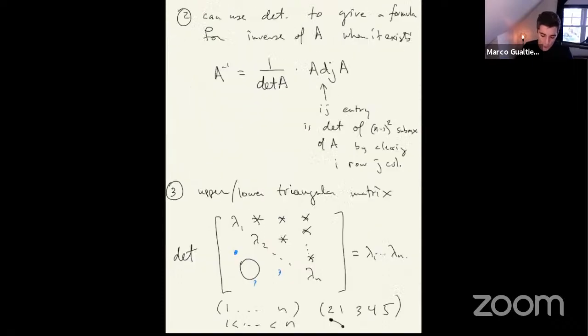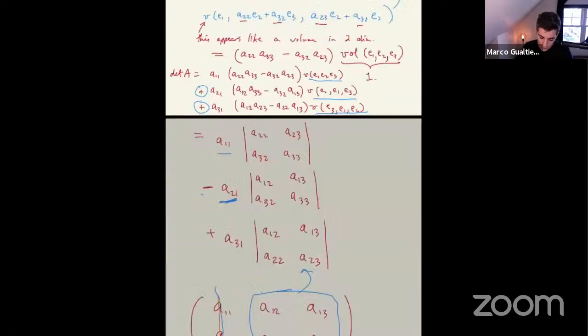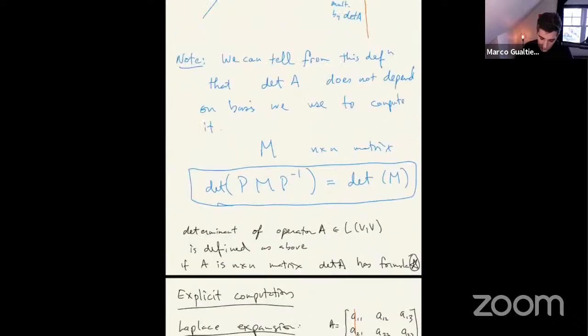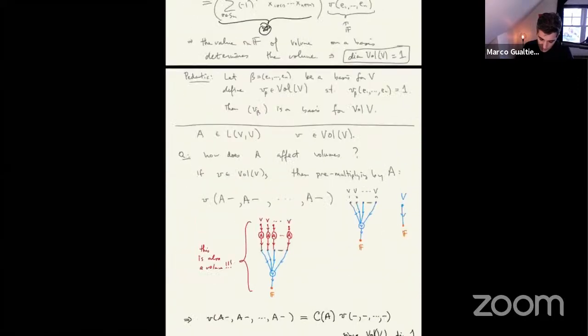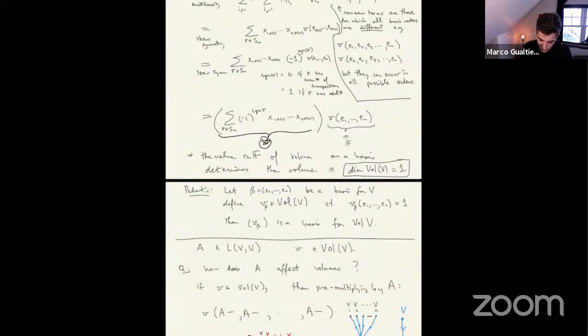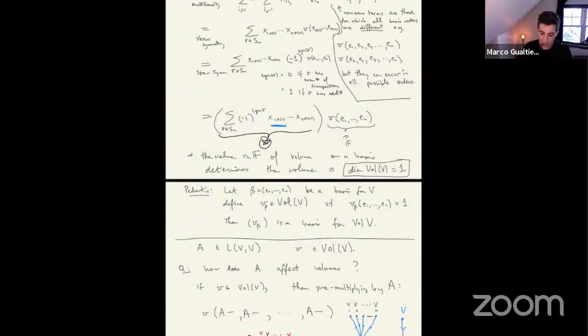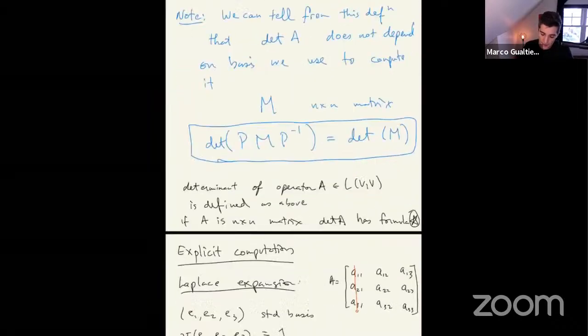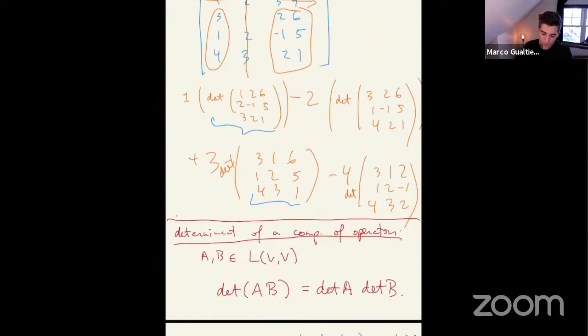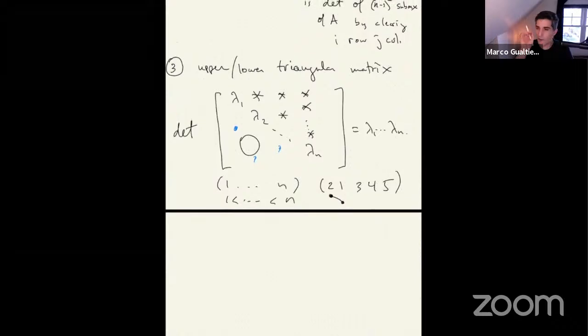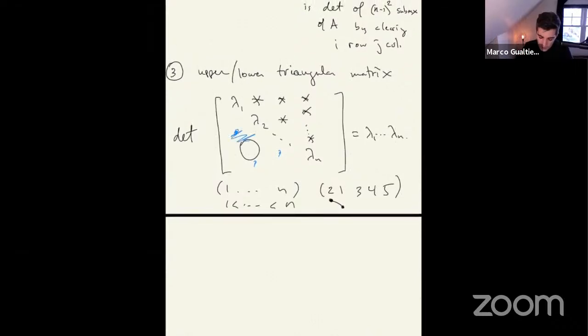Remember, you're supposed to sum over all permutations, with the entries being a_{i, sigma(i)}. So if i is less than sigma of i for some i, then one of the elements in the product will be down here, and that will be 0.